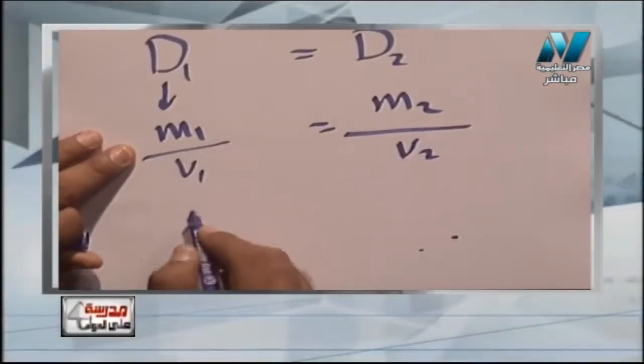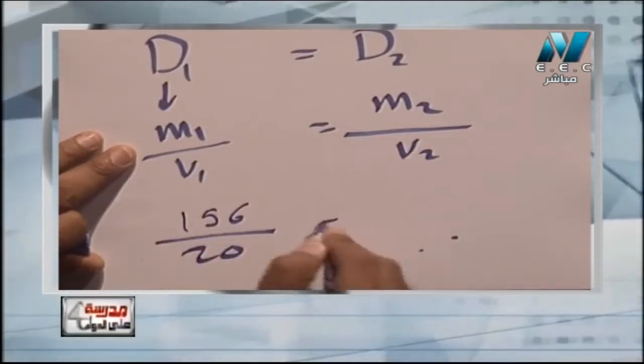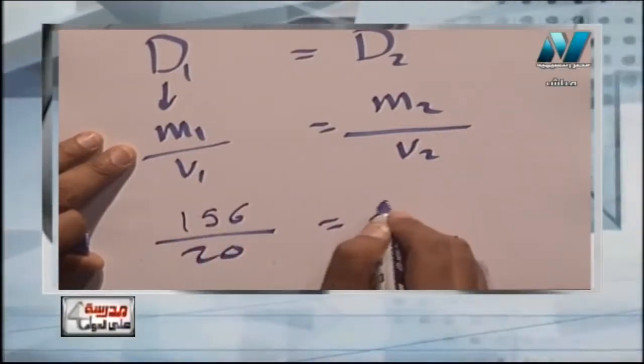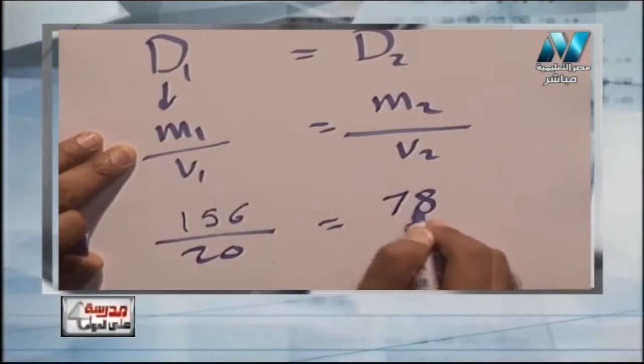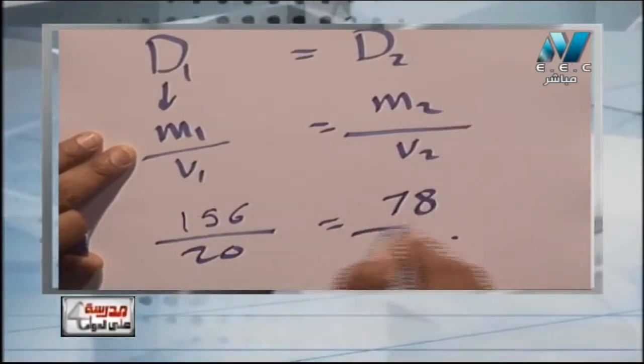M1 is what? 156 divided by 20 equals what? Equals 78. The mass of the second piece divided by V2.